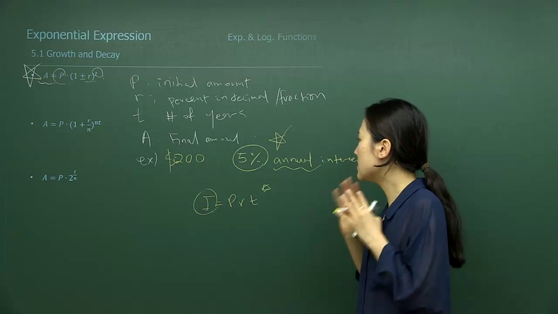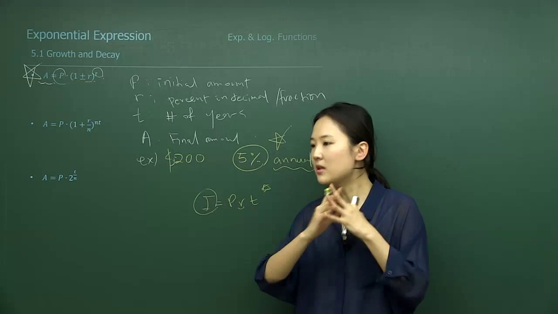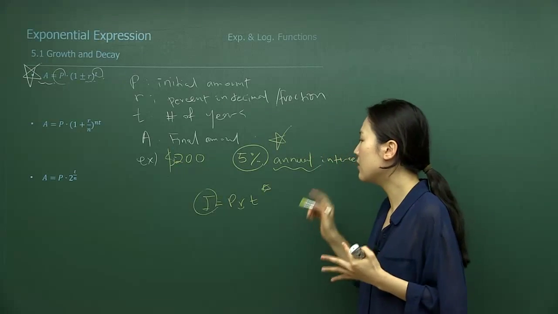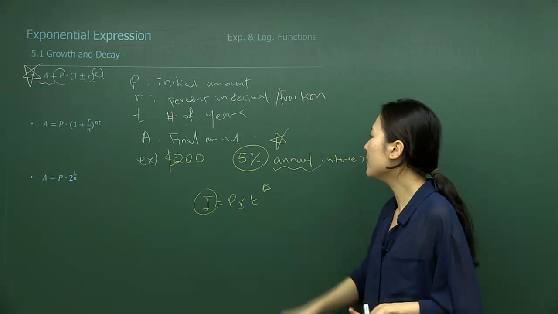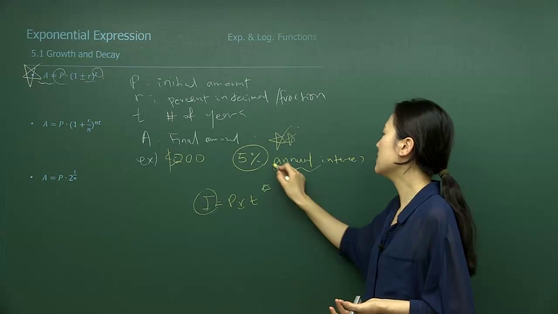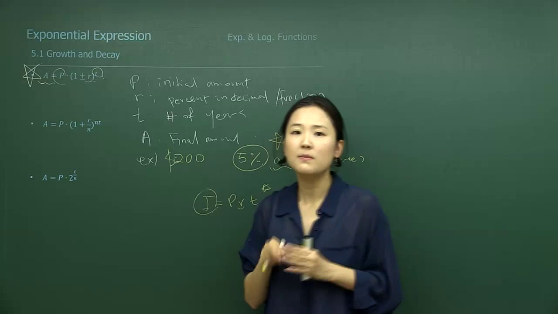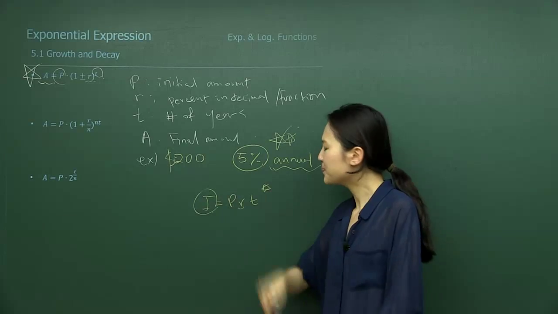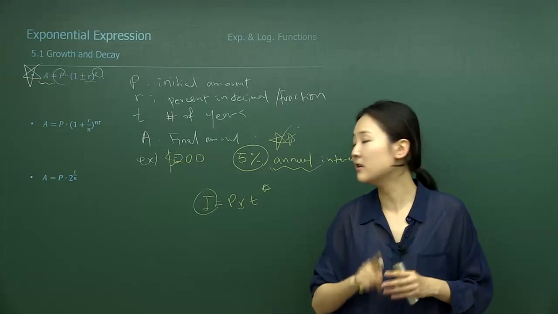So if the rate is simply the interest rate for the entire time that you put your money in, then you may just plug the values into this simple interest formula to get your interest. However, if your rate is going to give you your interest at an annual rate, you must use this formula, because the difference between the two is that here you will first receive your 5% of interest at the end of the first year.